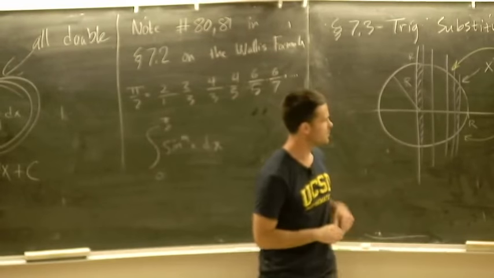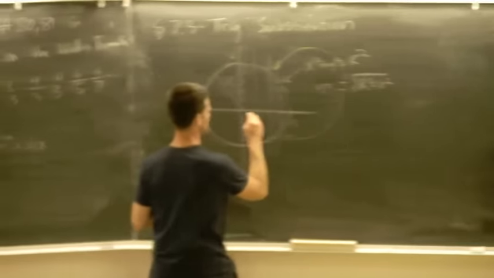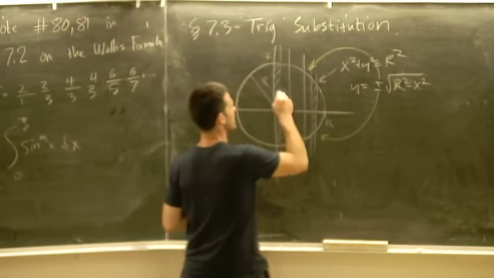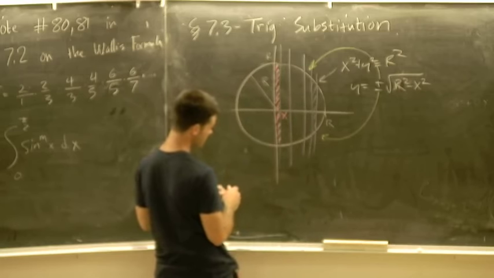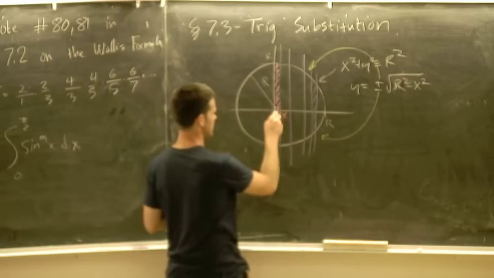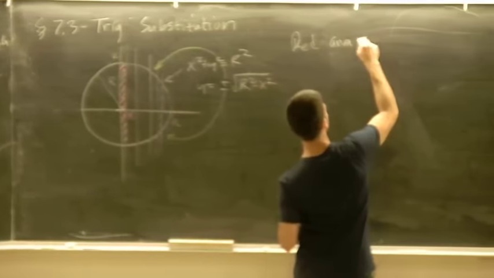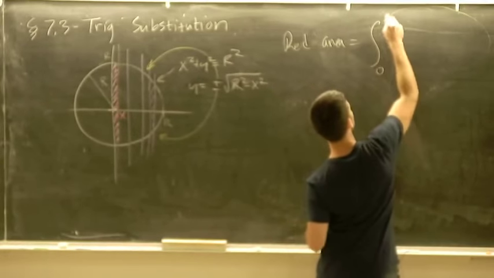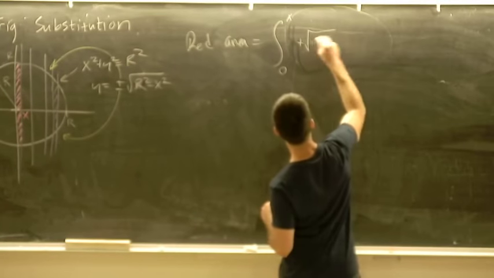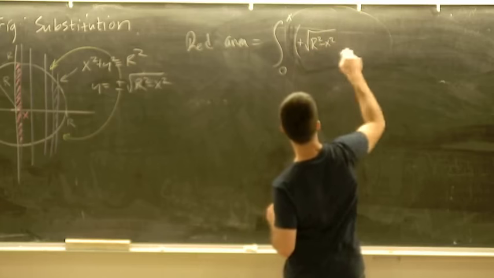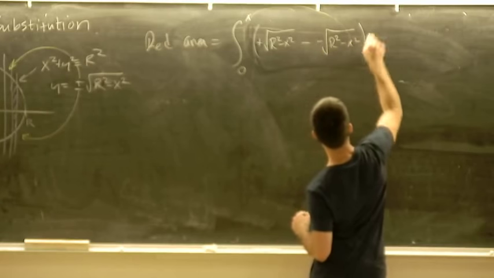So we can use our familiar formula to get that, say, if this point right here is x, and we want this red area, and this is the origin, so this is 0, then the red area will be the integral from 0 to x of the function on top, which is positive root r squared minus x squared, minus the function on the bottom, which is negative root r squared minus x squared.